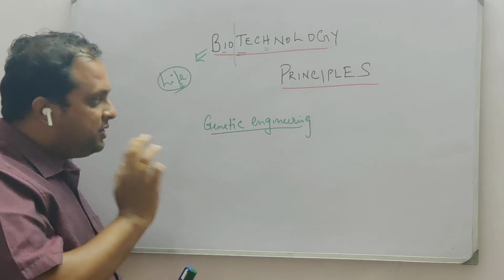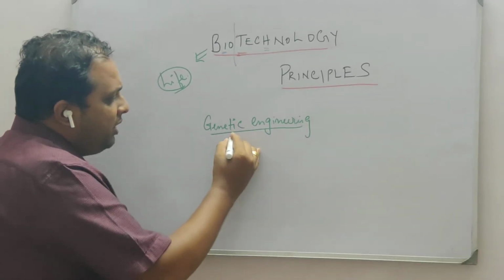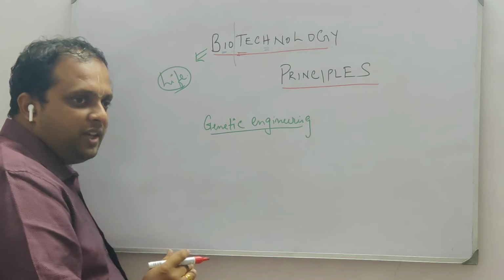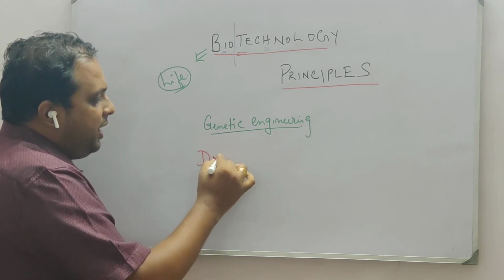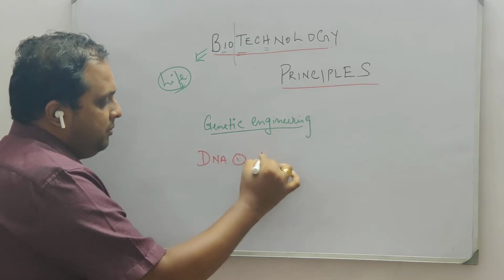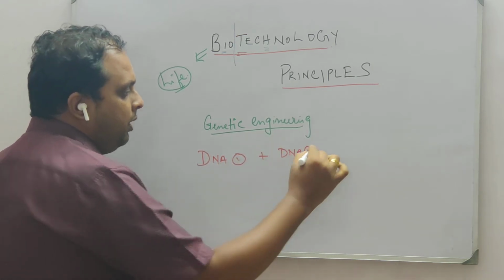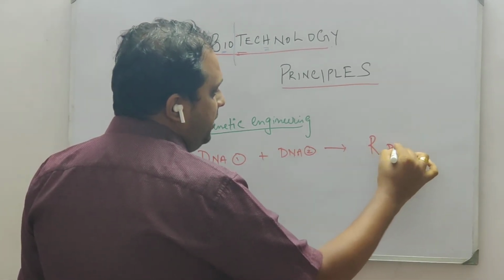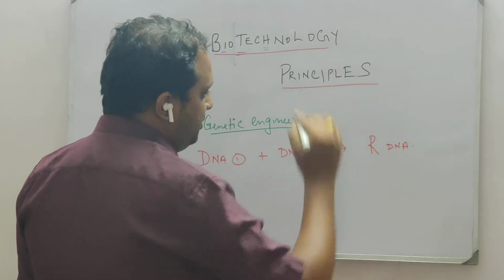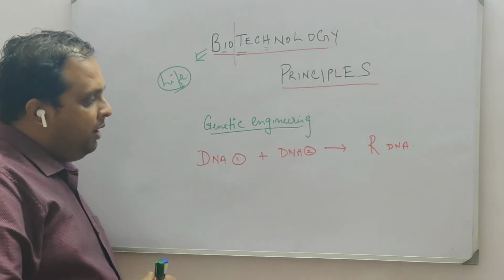This is genetic engineering, and the principle of genetic engineering is DNA1 plus DNA2 will give you rDNA.